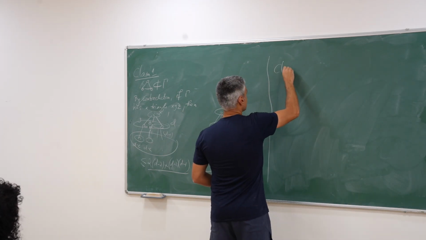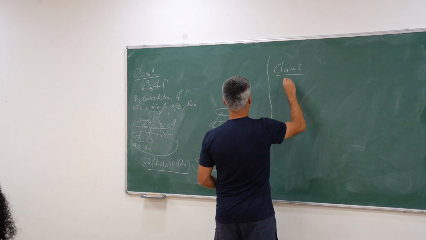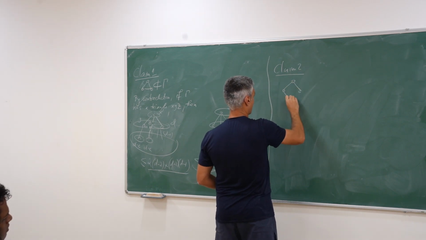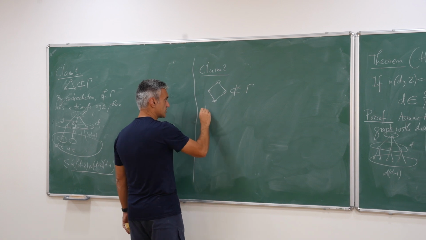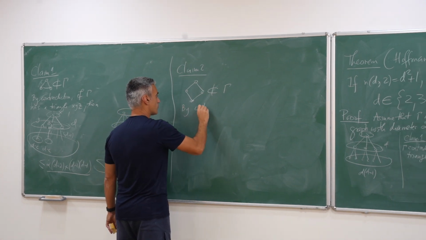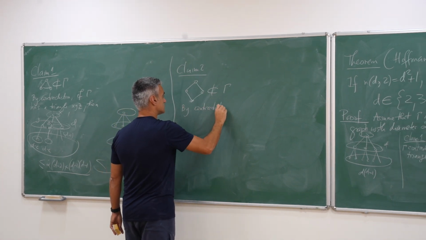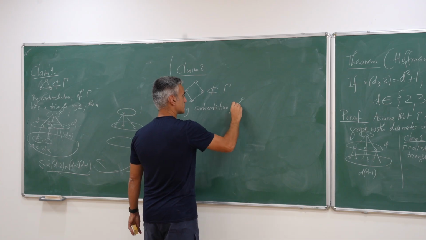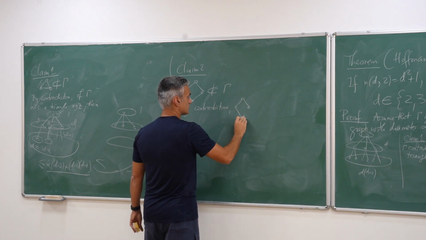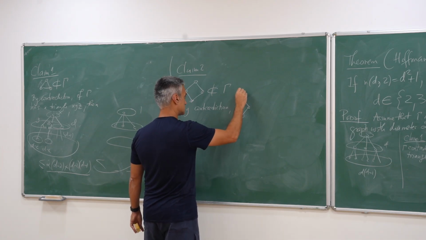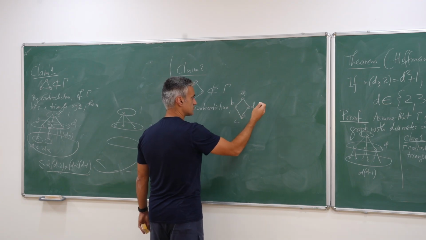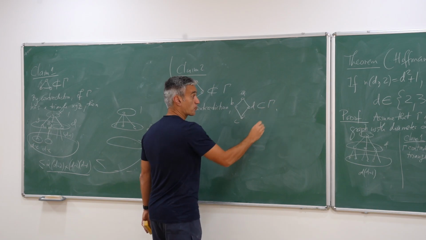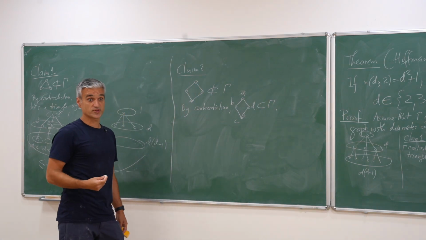So claim 2. By the same argument, by contradiction, assume that A, B, C, F belongs in gamma. Let's assume that you have a C4 that is in gamma.